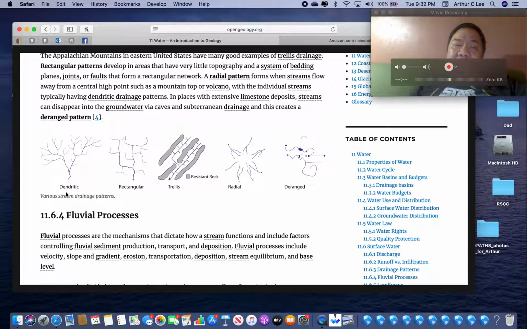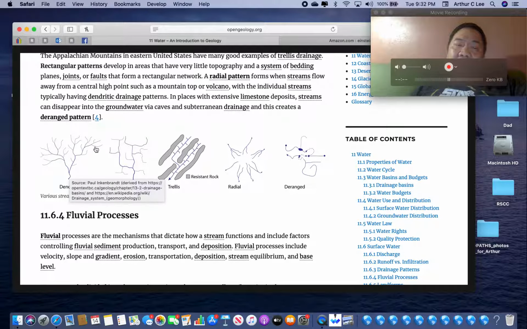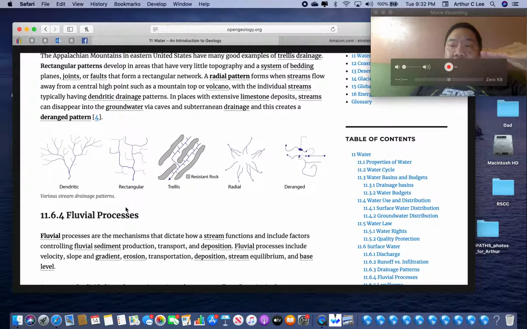And when you see a dendritic drainage pattern, when you see creeks flowing to rivers and forms this type of pattern as seen from above, what that indicates is the underlying rocks are horizontal sedimentary rocks, flat-lying sedimentary rocks.